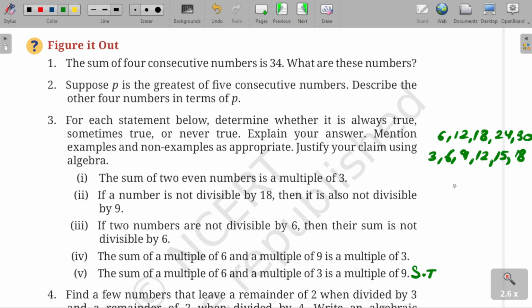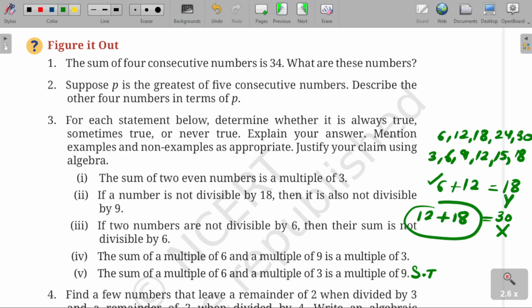So adding 6 plus 12, answer is 18, which is a multiple of 9, right? If I take 12 plus 18, it will be 30, which is not a multiple of 9. Clearly? So sometimes true. Yes, it is coming with some pairs but not coming with the others. Some pairs are satisfying this, others are not satisfying this. So this is sometimes true. Clear?